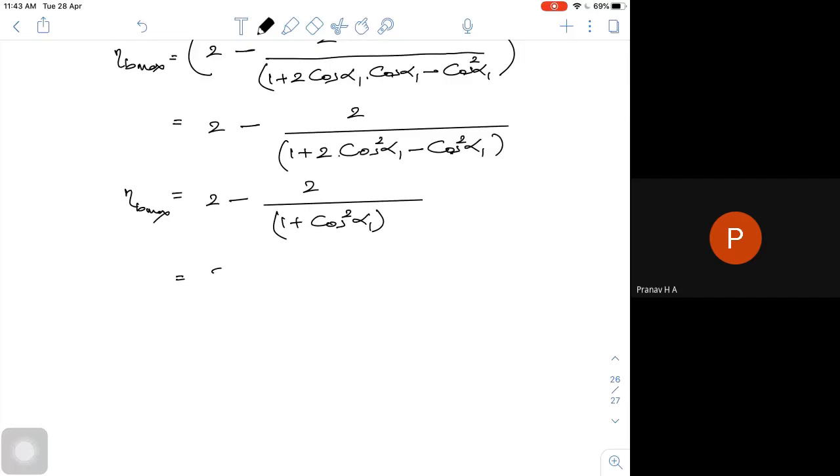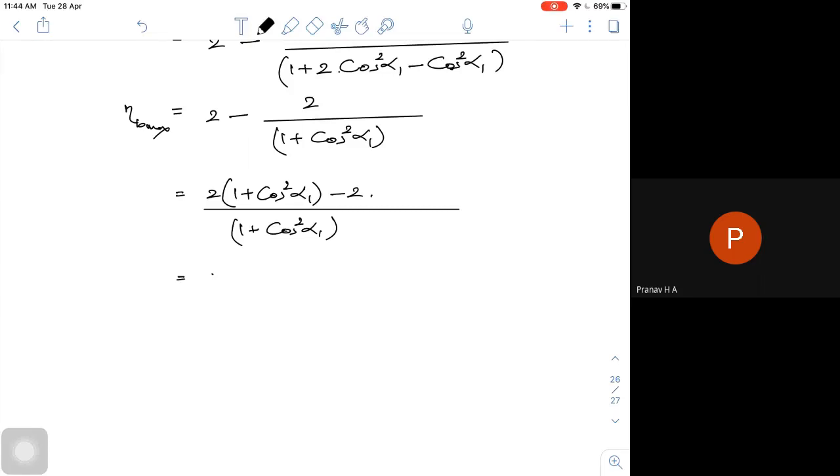Taking the LCM with 1 plus cos square alpha 1, this will be 2 into 1 plus cos square alpha 1 minus 2, which is 2 plus 2 cos square alpha 1 minus 2, divided by 1 plus cos square alpha 1.